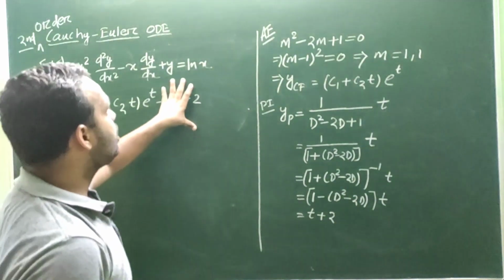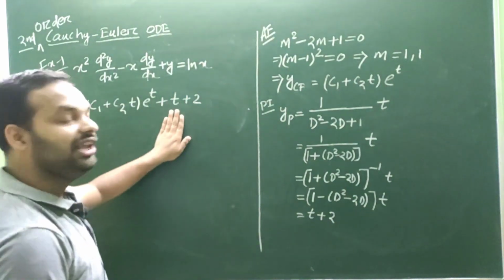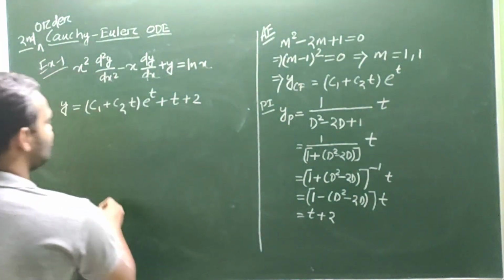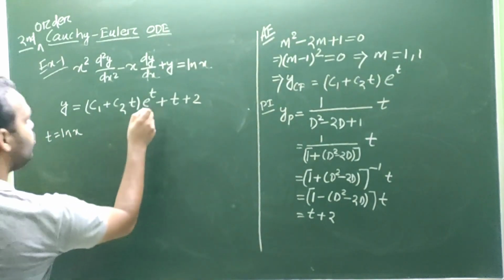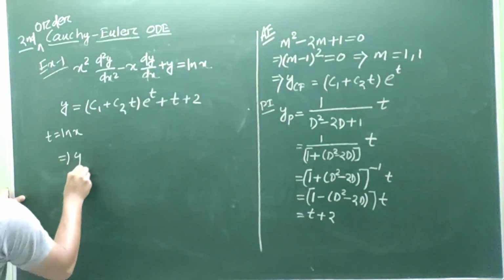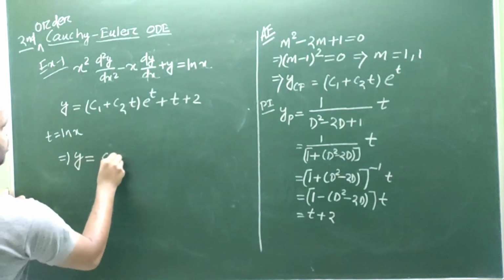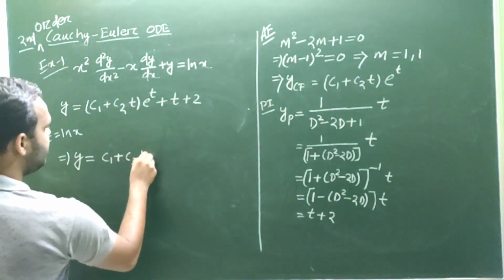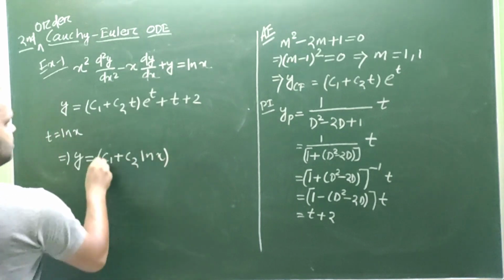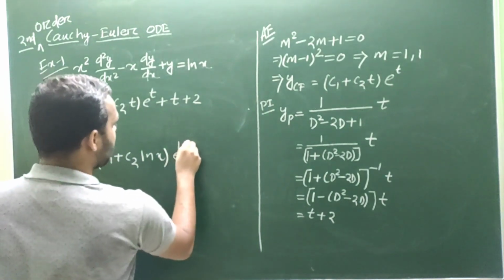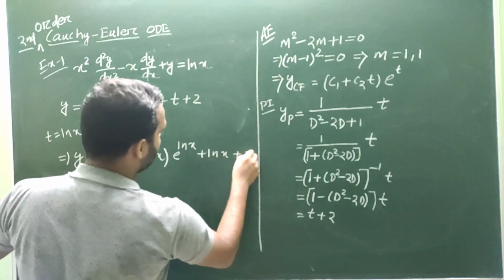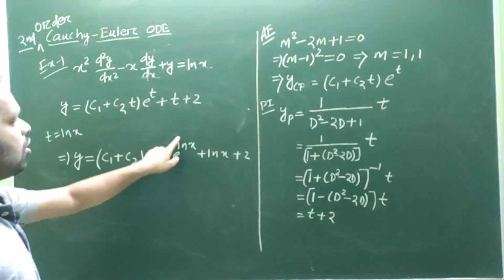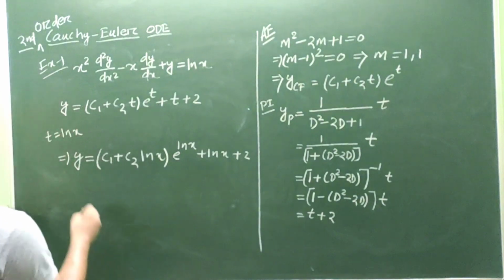Now don't forget to substitute the value of t, right? So we have taken t as log x. If you put here, then the solution becomes y is equal to C1 plus C2 log x e power log x plus log x plus 2. And here e power log x, that will give you x.